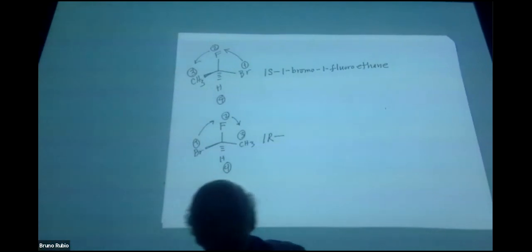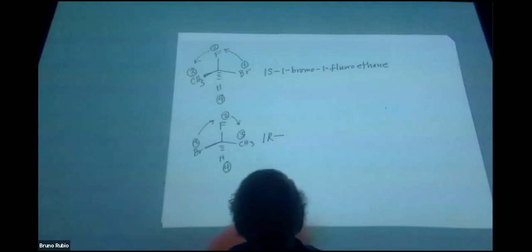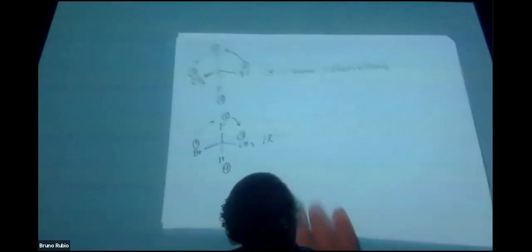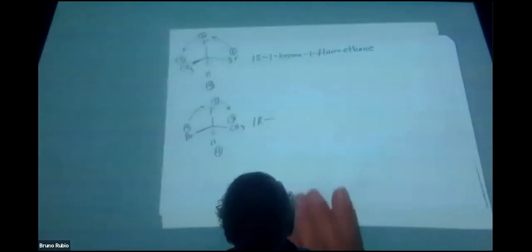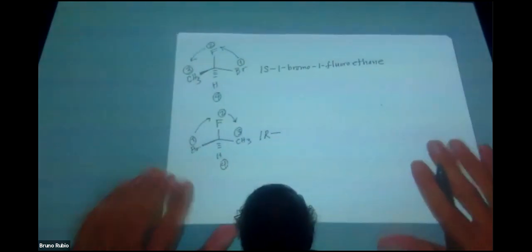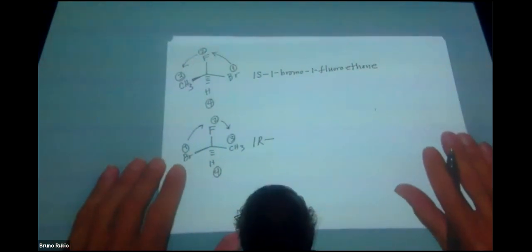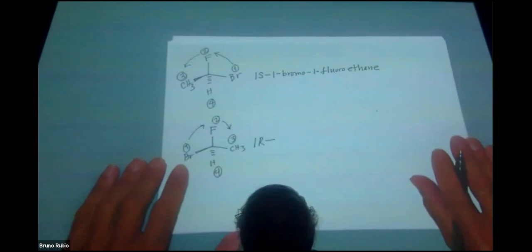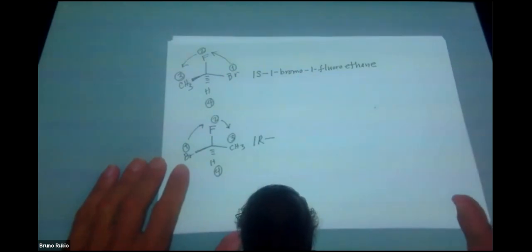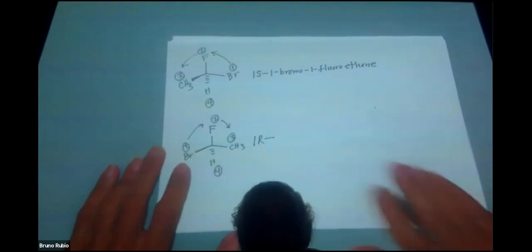Okay, so those are some easy examples. Now let's look at some examples where maybe it's not so easy. The killer is orienting the group of lowest rank so that it is facing away from you.